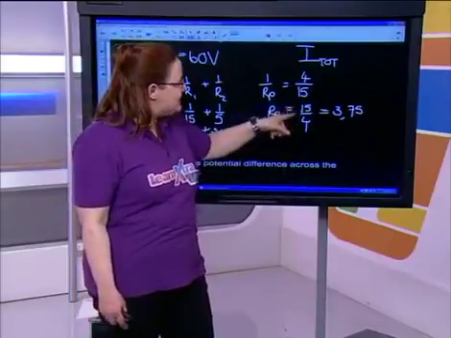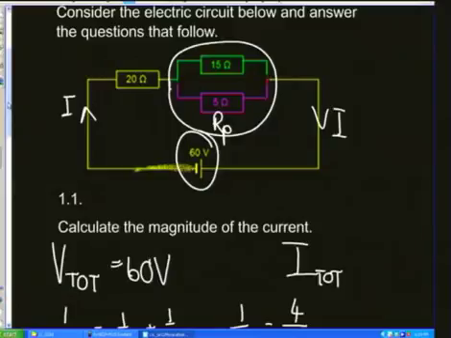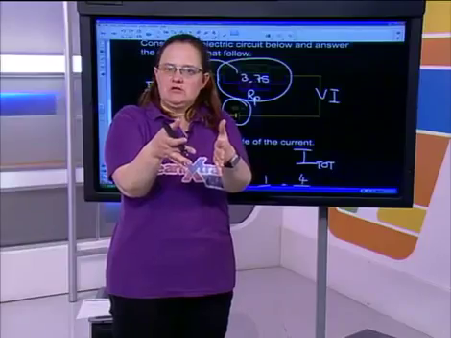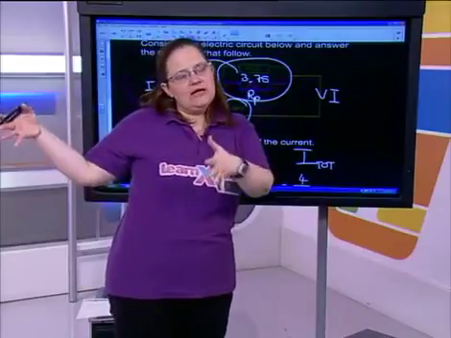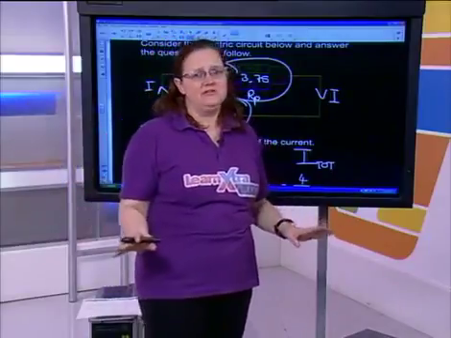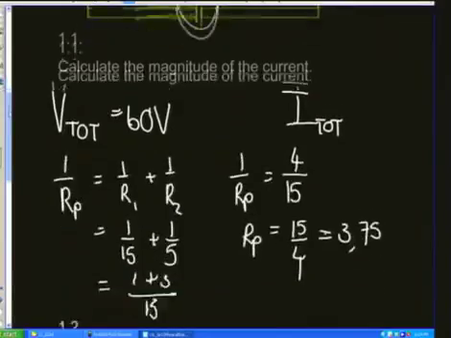Also, what we've done is we've gone, well, my R parallel is actually 3,75. I need to add this to the 20, because they're actually in series with each other. Once we've got 15 over 4, which now we need to add to 20, we're just making our life difficult. Don't do it, because now we're going to add it to the 20.